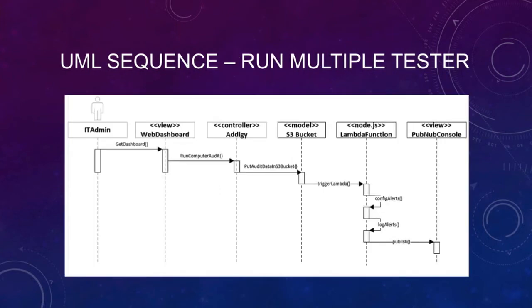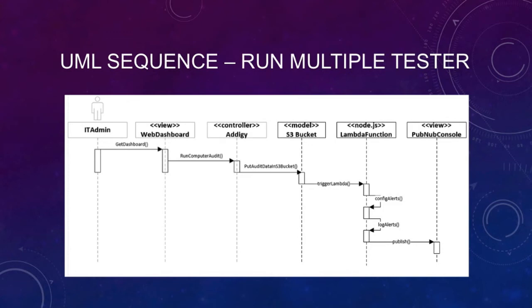Allow me to explain the multiple run tester, which combines all of the user story functionalities into one function, and also allows batch uploads of audit files to be processed. The process is similar to the previous scenario. The IT admin requests the audit, and the audit is then put into the S3 bucket. However, in this situation, the admin would request many audits simultaneously.